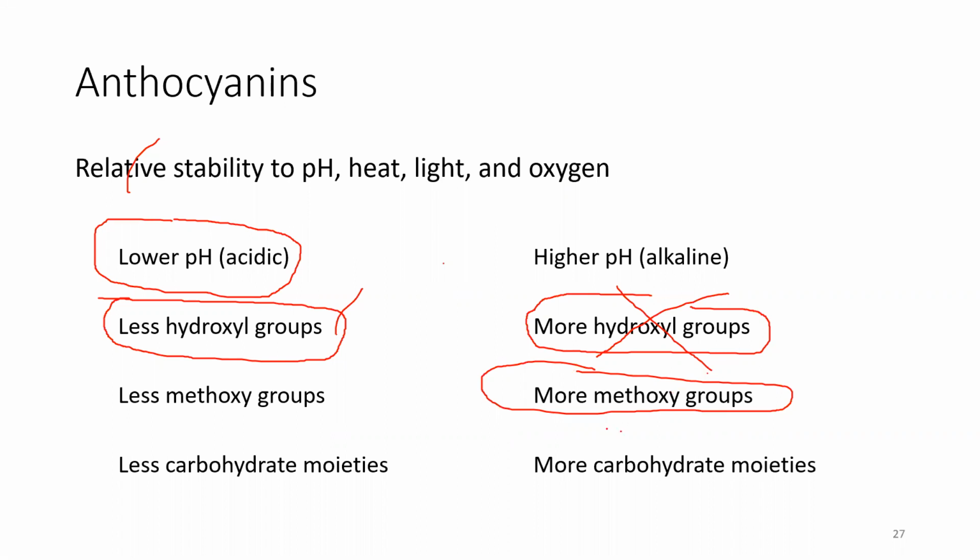Actually, the more carbohydrate moieties you have, the more stable it is. So there's the answer, and make sure that you did not circle this one. So more stable at lower pH with fewer hydroxyl groups, and if you've got hydroxyl groups, the more methoxy groups or methyl groups are substituted on those, the better, and then more carbohydrate moieties will be more stable.